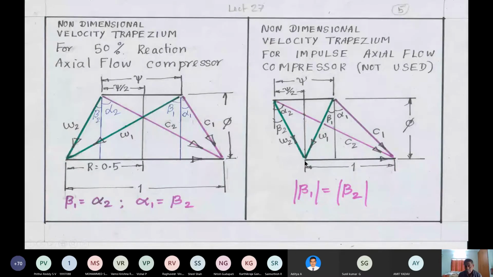When I move this top side in this direction, the degree of reaction will go on increasing. So when the perpendicular dropped from the midpoint falls here, the degree of reaction is 0. When I move the psi side towards the right, and finally when the midpoint moves to the other end, what will be the degree of reaction?